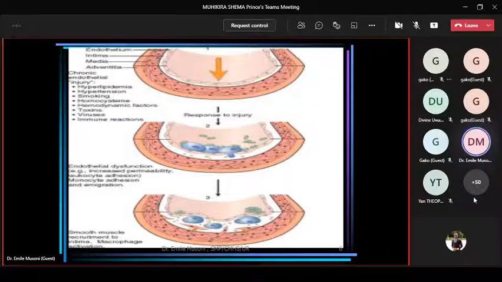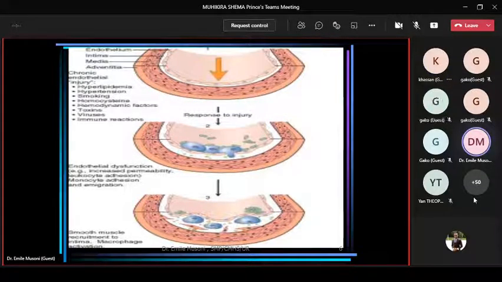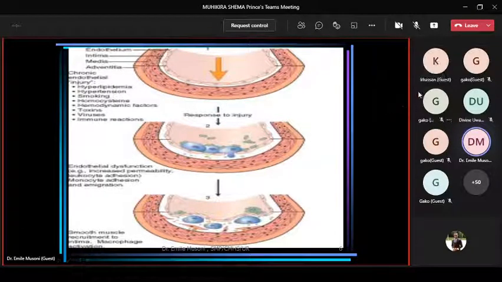Not showing the slide. Sorry? The image slide. The image is not clear. Yeah, the image here is not clear, but if you want to see those images clearly, you can use that book of Robbins. The slide on pathogenesis.